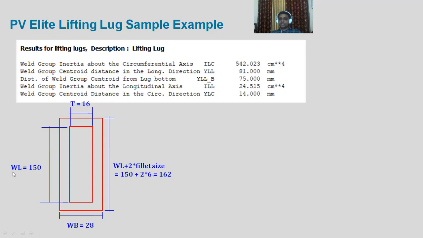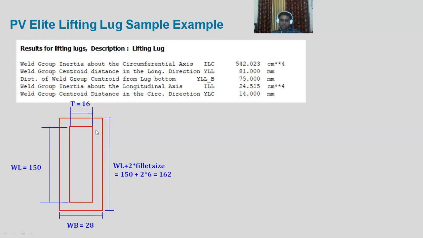So if I have placed WL equal to 150, T equal to 16, WB equal to 28, then I will have these two rectangles, which are marked by the dimensions 150, 16, 162 and 28. Now let's calculate the moment of inertia about its strong axis and about its weak axis. When we say strong axis, it means the higher dimension will resist the moment.